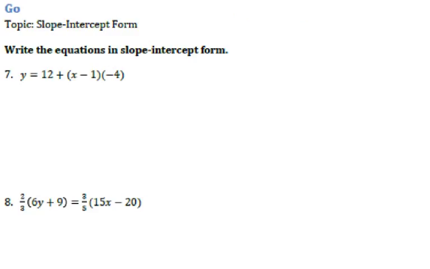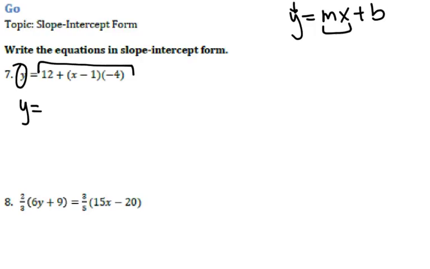Okay, now 7 and 8 want us to write the equations in slope-intercept form, so we want to get it into y equals mx plus b. So we need to get y by itself, something with an x, plus or minus something. So number 7, we've already got the y by itself, so now we just need to simplify this side. We're going to have to distribute that negative 4 through.